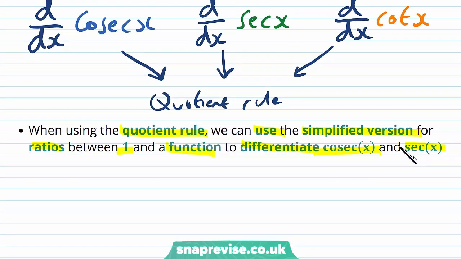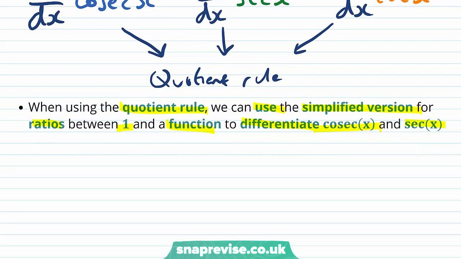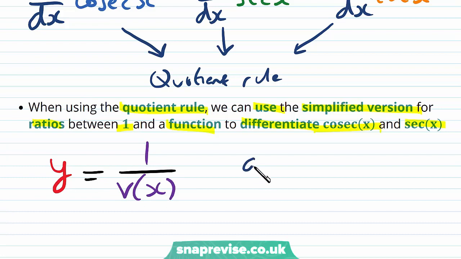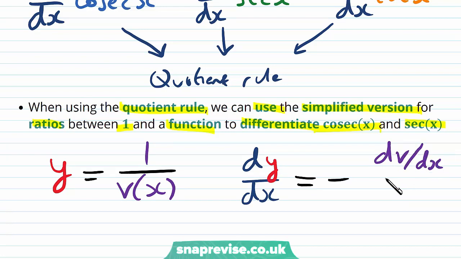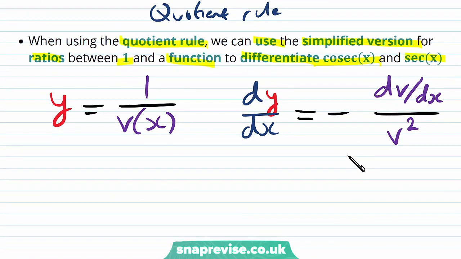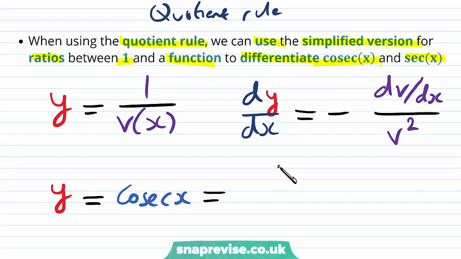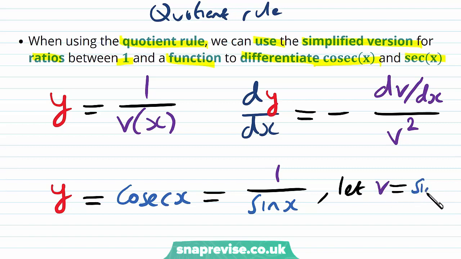We have the simplified quotient rule, which says that if we can write our y as 1 divided by some v of x, then dy by dx is equal to minus dv by dx divided by v squared. And so if we consider our y to be first equal to the cosec of x, this by definition is equal to 1 divided by the sine of x, and therefore we're going to let our v be sine of x.